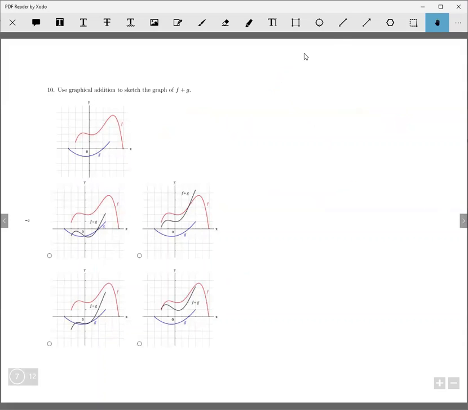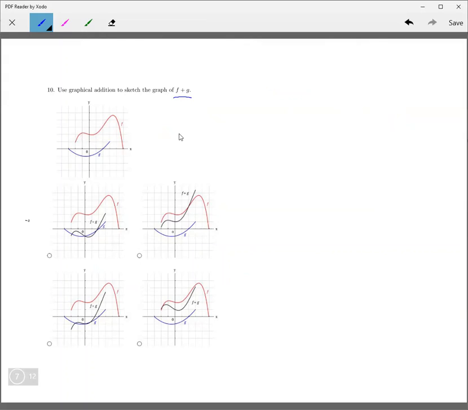Okay, number 9. Okay, so before we said that if you're taking f plus g, then to be in the domain of f plus g, you have to be in the domain of g, and you have to be in the domain of f.